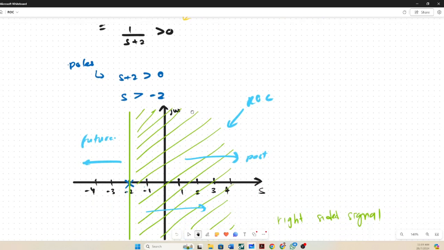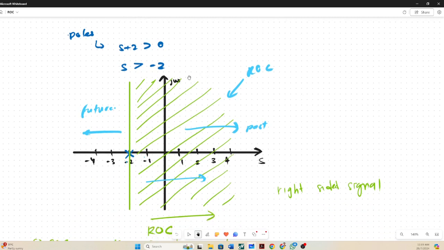So we can draw the s-plane. Our pole is at minus 2. Because the signal only happens when s is more than minus 2, we shade the right side of the graph without touching the pole value.